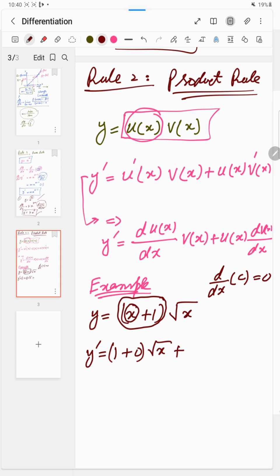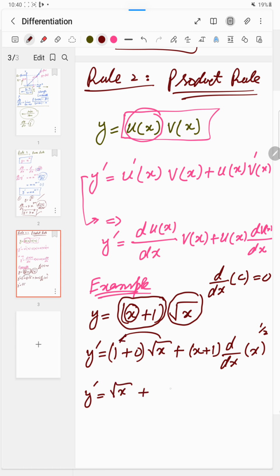Now our first function will be as it is, which is equal to x plus 1, and we have to apply the derivative of this one, so we can write here d over dx of x raised power 1 over 2. Now x prime will multiply this one, it becomes x square root plus x plus 1 will be as it is.